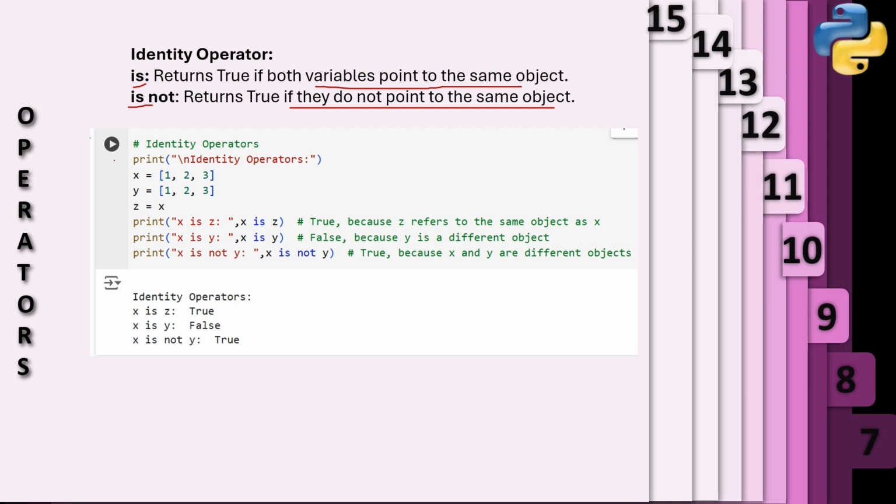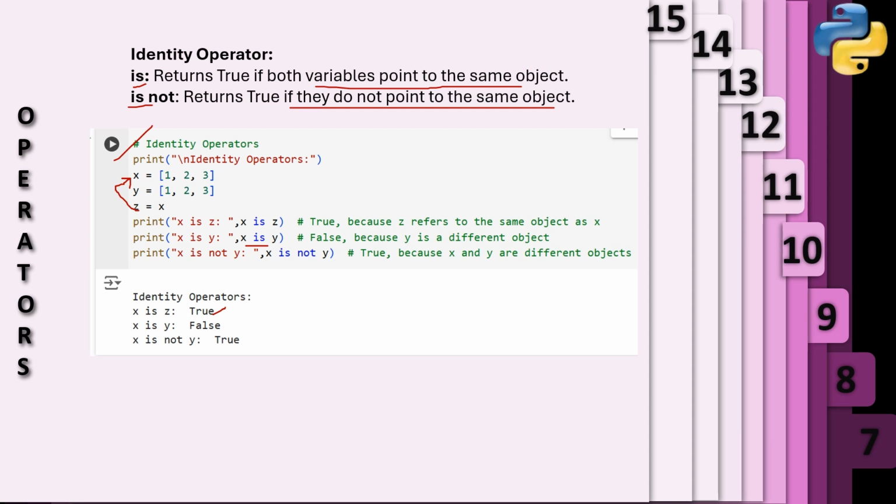Coming to this example, here in the execution, as you can see, x is z. As I have said, it should refer to the same object, not an identical or similar object. As z is x, which has the same memory location, it returns true. In the next, as you can see, x is y.